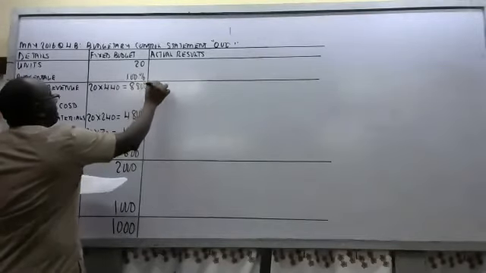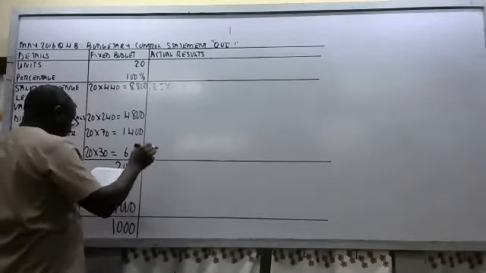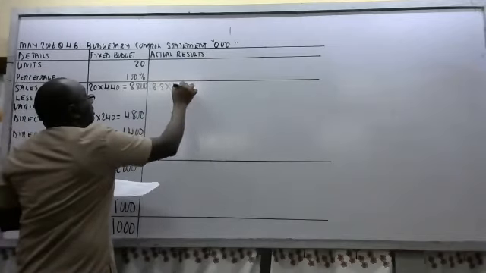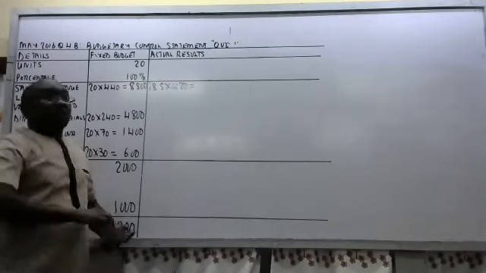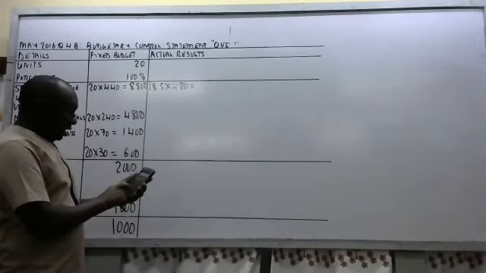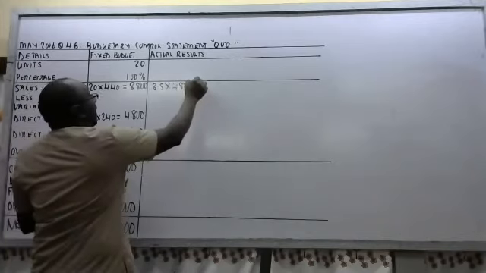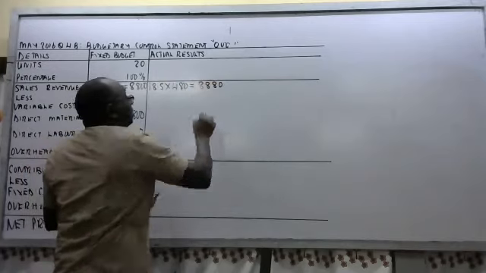So utaweka 18.5 times the selling price of 480. So 18.5 times 480, I'm getting 8,880.